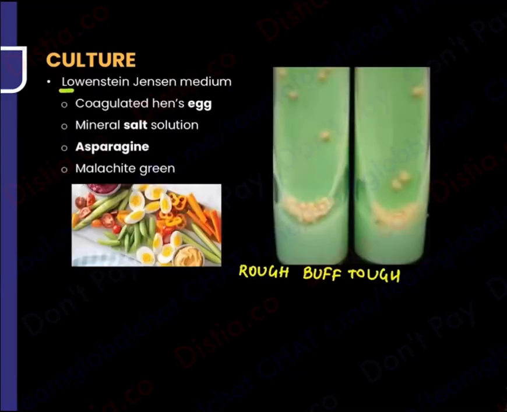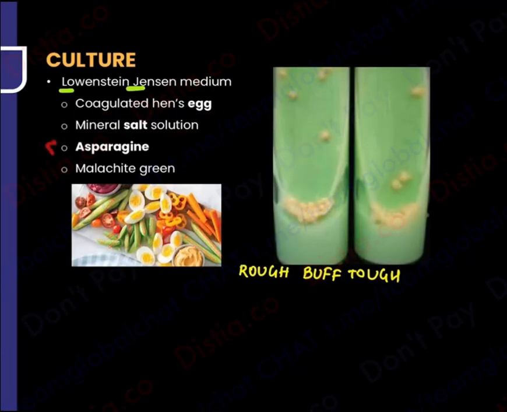What is it? Lowenstein-Jensen medium. And how will I learn the composition? For learning the composition of LJ media, you have to look at a beautiful English breakfast. What all will you have in an English breakfast if you go abroad? You will have nice boiled eggs. So this has number 1, coagulated hen's egg. Along with that, you will say, can you sprinkle a little bit of salt on the eggs? So this has mineral salt solution. Then you will say that I want some asparagus and some green vegetables.